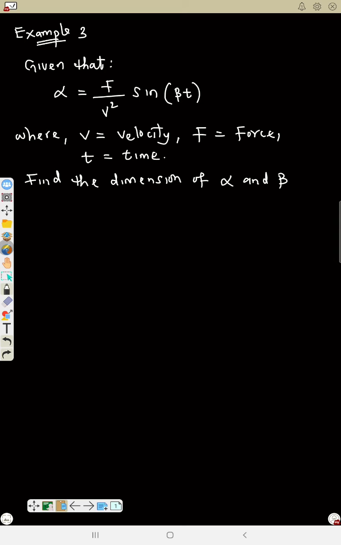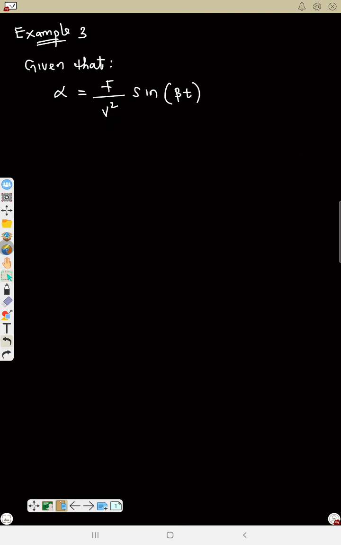Now, to find the dimension of alpha and beta is easy. Let me clear this. Now in the question we have sine, do you see that we have trig? Sine beta t.